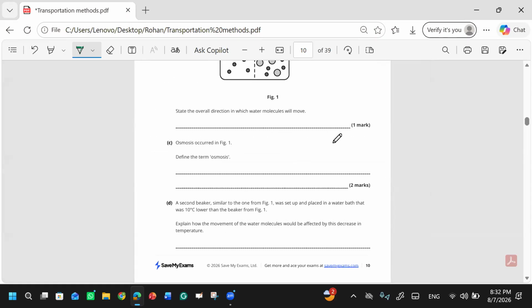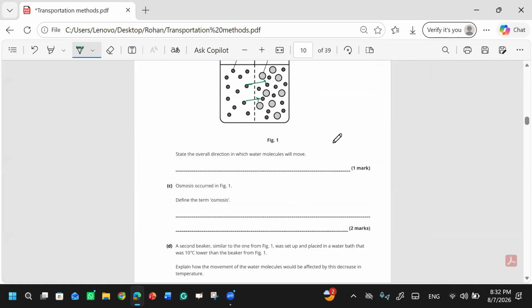Maybe because they have less energy, so the molecules will move slowly. It'll take more time.